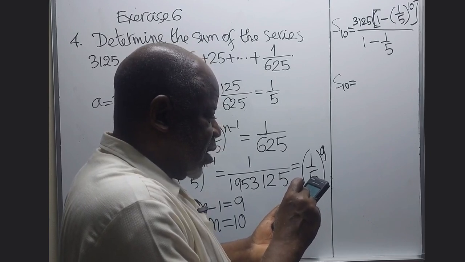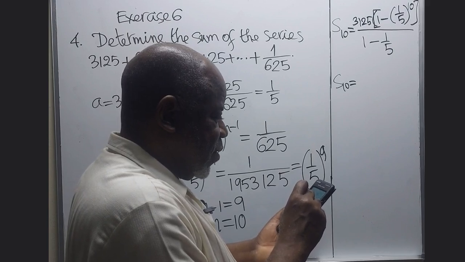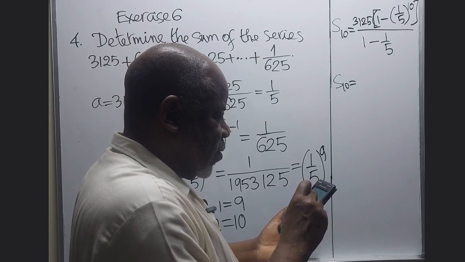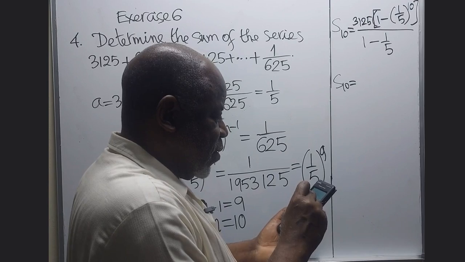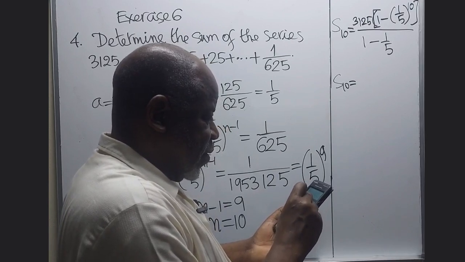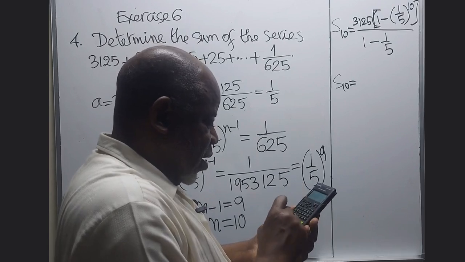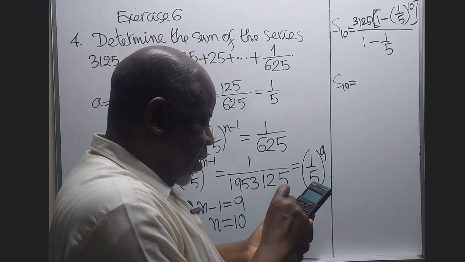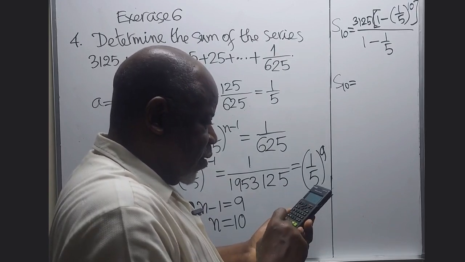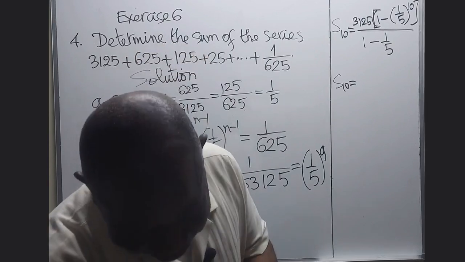and down 1 minus 1 over 5. And our final answer is a decimal number.